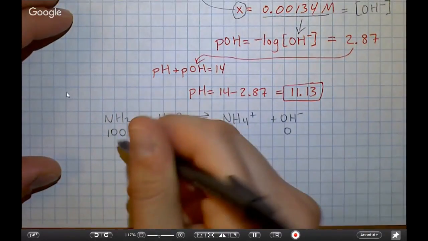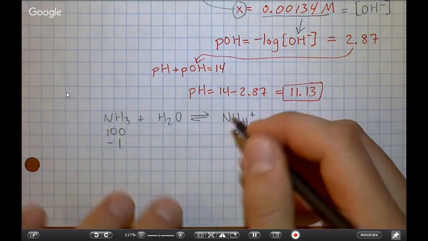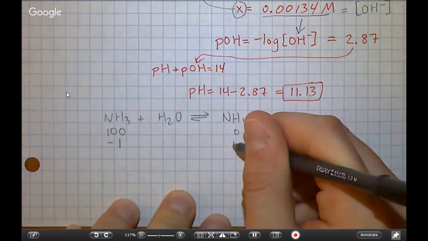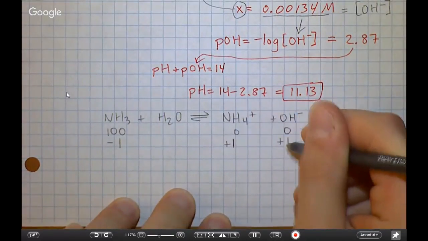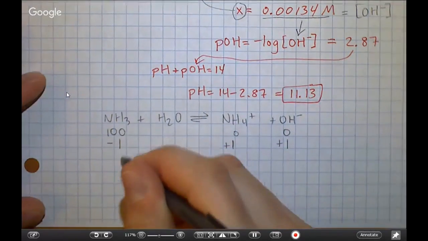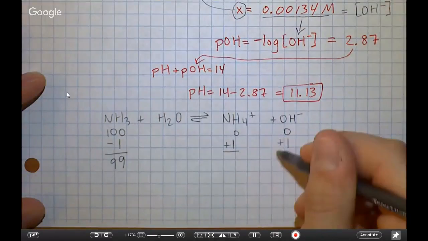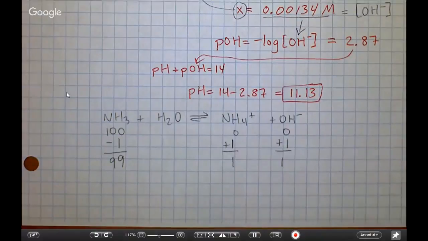And so the idea is if I subtract 1 molecule of ammonia and it ionizes in water, we're going to form one of each of those ions. So then at equilibrium, we're down to 99 ammonias and we've gained 1 of each of those.